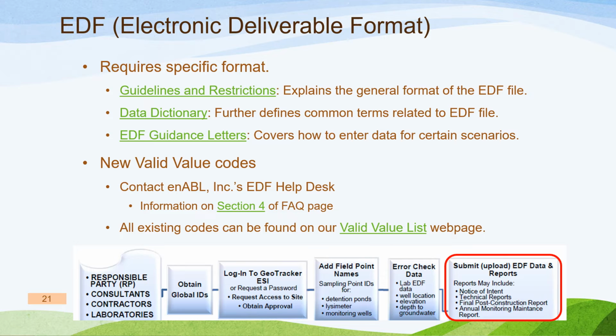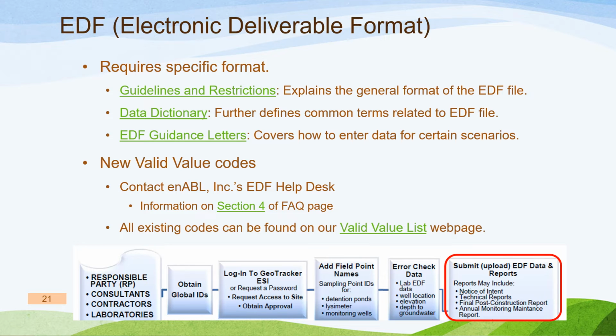The data dictionary further defines some of the common terms and fields within the EDF file if the lab needs more clarification on those fields. And the EDF guidance letters essentially are meant for niche scenarios, but they help the lab enter data for those particular scenarios.